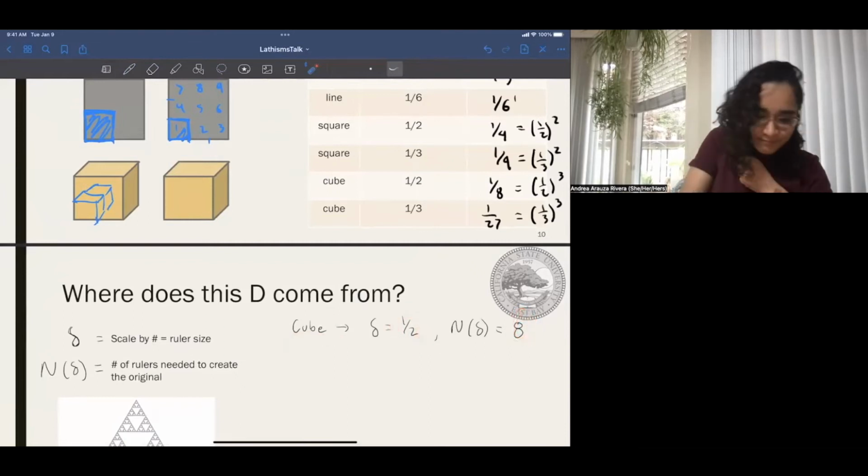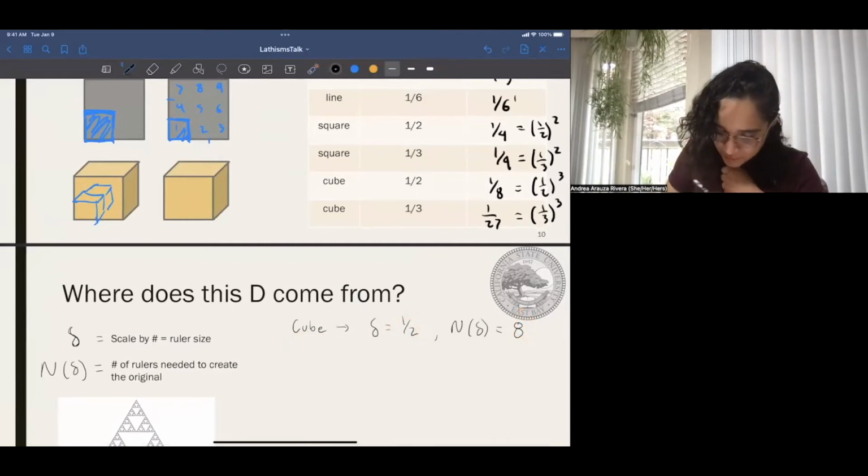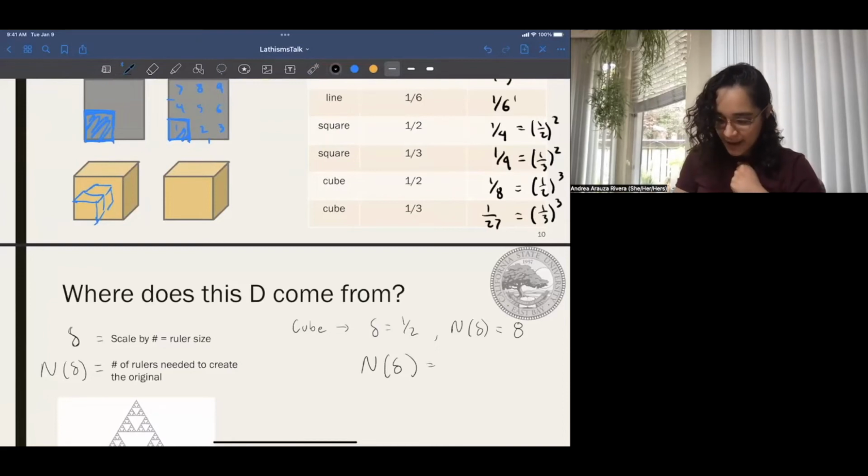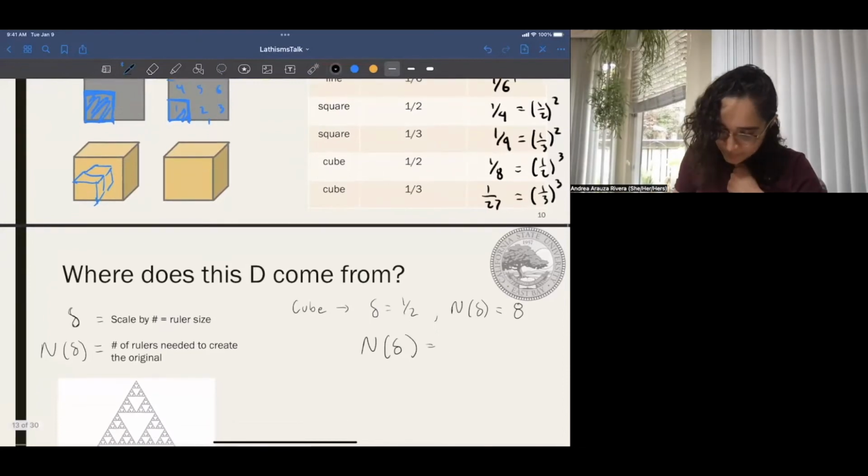Okay. So if I take a look at what is the relationship between my n of delta and my delta itself, one thing I can see is this is the same as my delta reciprocated to the power of the dimension of the set.